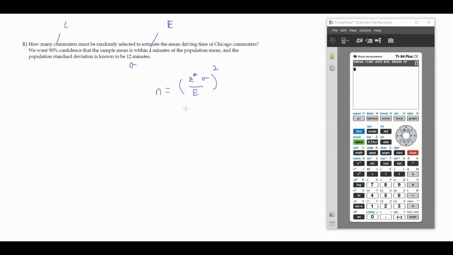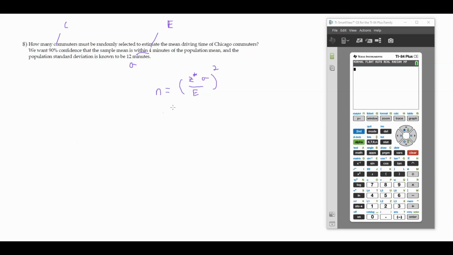And if you take 79, you would have a margin of error slightly bigger than the specified margin of error. You want to make sure it's within 4 minutes, so you always have to round up. You can't just use your normal rounding rules. But it's pretty easy: you drop the decimal and add 1 to the integer, because it's very rare you'd get an actual whole number here.